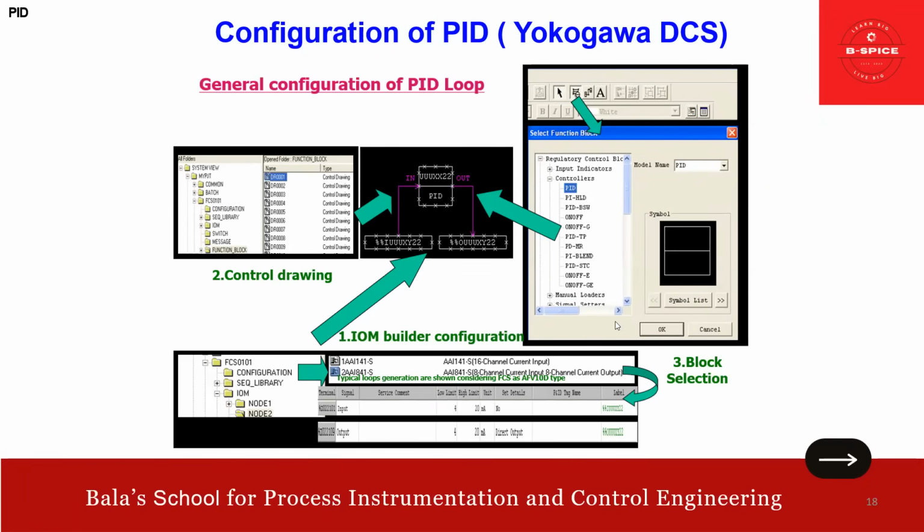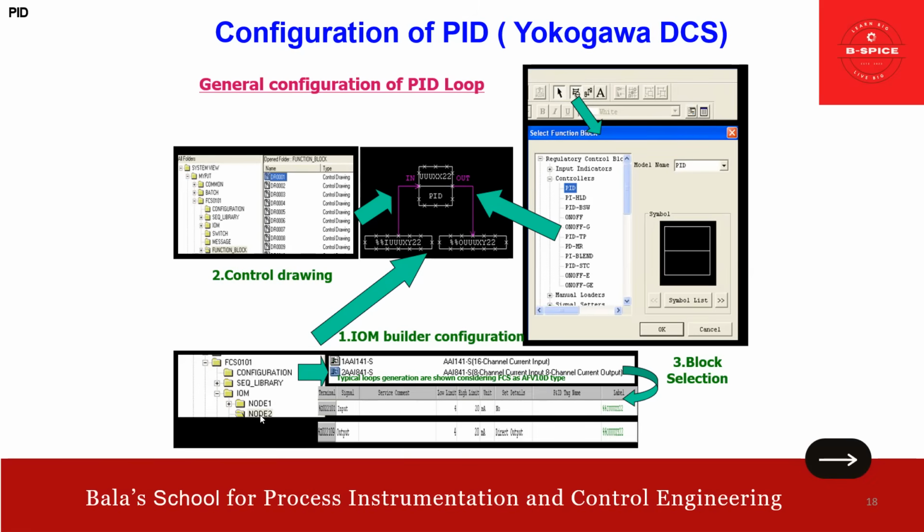Now, listen carefully, friends. You go to your project builder, the Yokogawa project. Whoever has worked on the system, what you have to do is go to the FCS, then go to the configuration. Then you can see the node here, right?